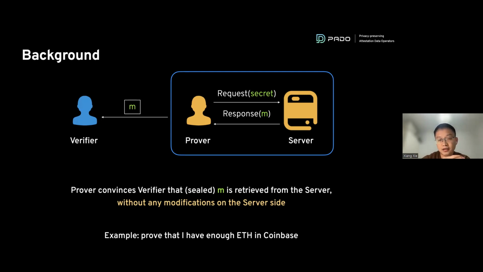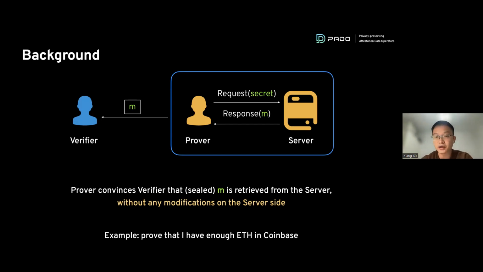The problem here is how can the prover, or the client, prove to a third party, which we call a verifier, that the information is actually from the server and is not just some random data made by the prover himself.